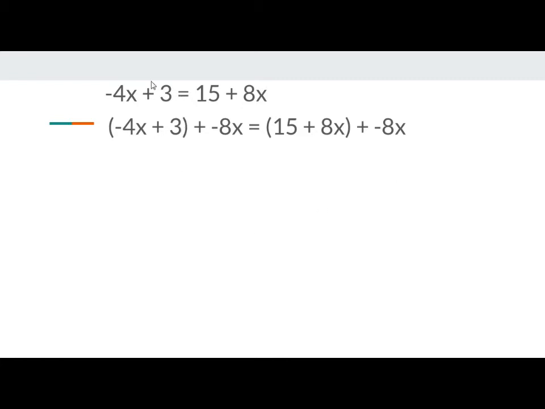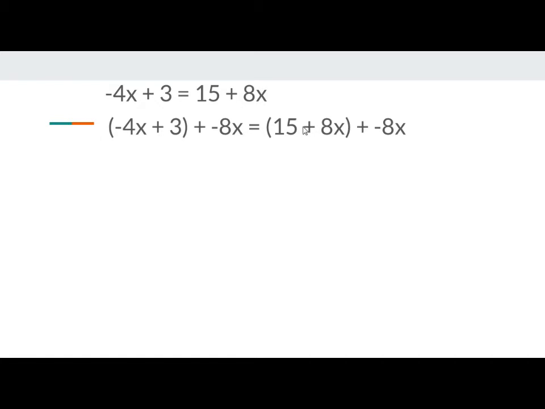What we're doing is we're taking this original statement here, 15 plus 8x, and we're adding negative 8x. We're doing the same thing to both sides of the equal sign. Most of you would just subtract 8x from both sides, and that's essentially what we're doing. But I'm putting these parentheses in here to show that we're taking everything on the right side, and we're adding negative 8x to it. We're taking everything on the left side, and we're adding negative 8x to it.